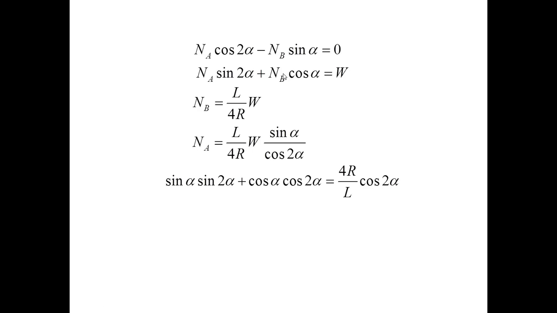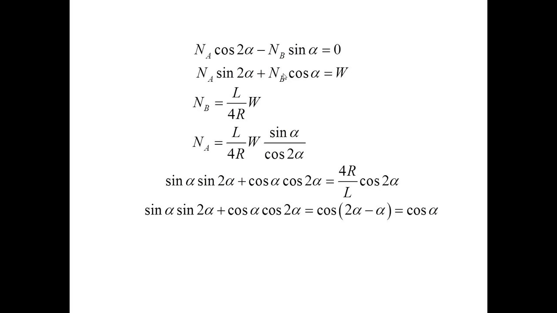trigonometric equation. Please observe that the weight W is cancelled out. To solve this equation, I will use trigonometric identities to simplify both sides.